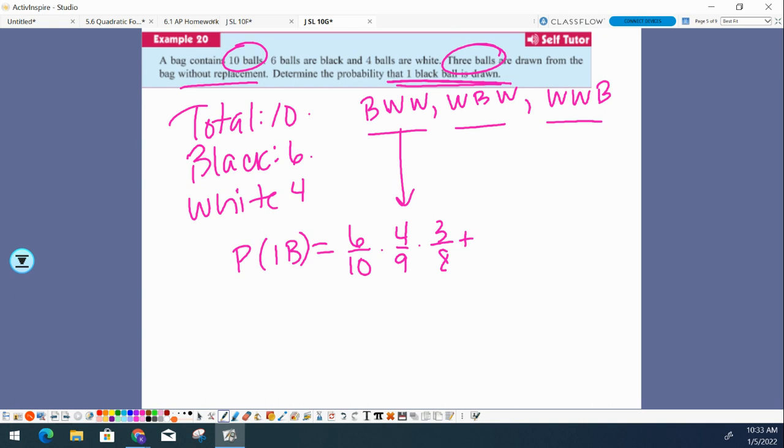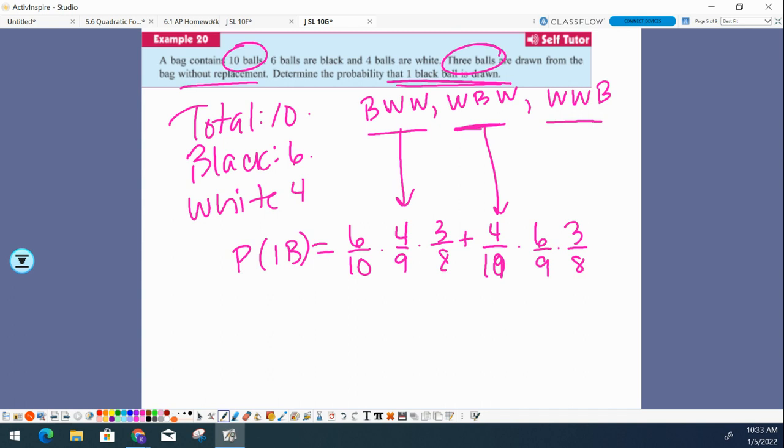Now, do you see as we do this, if I take this second situation here, the first one is white, I'm just taking all 3 of these and rearranging it. This would be 4 tenths times 6 ninths for the black times the white is 3 eighths.